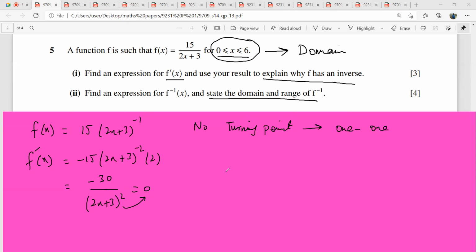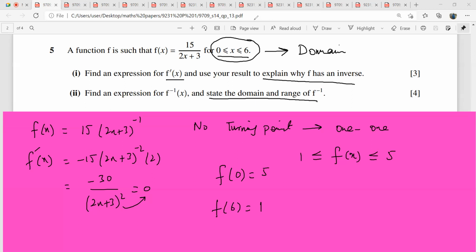So we need to find, since it is a one-to-one function, there is no turning point. So we need to have f of 0 and we need to have f of 6. So f of 0 is, guys, 5. And f of 6 is 1. So that means the range of the function is between 1 and 5. So this will become the domain for the inverse.